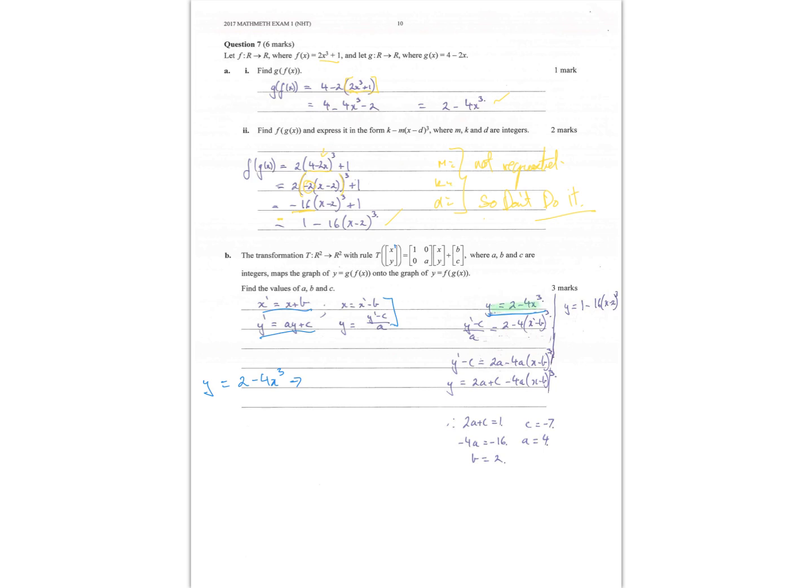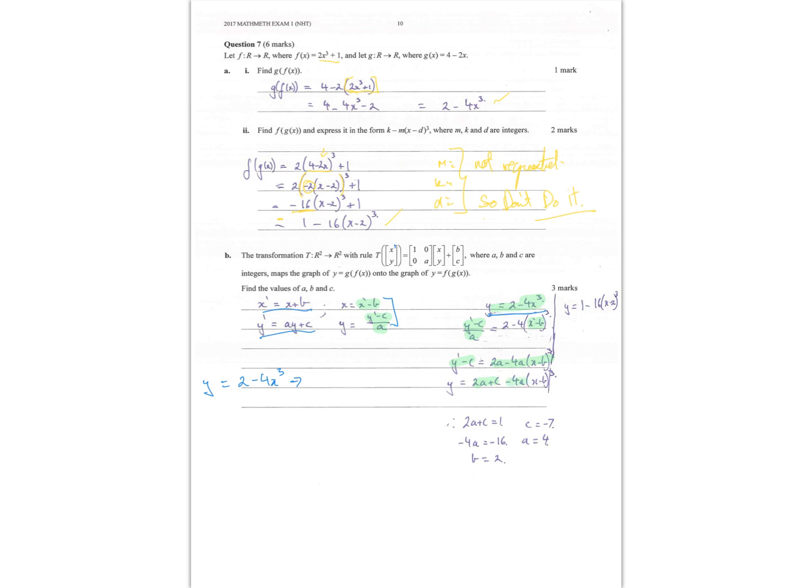So there's my y equals 2 minus 4x cubed, and I'm going to substitute that in for y, that in for x. So there's my x dash minus b for x, and there's my y dash minus c on a for y. Rearrange a little bit, multiply the a across, y dash minus c equals 2a minus 4a x minus b all cubed, and then add c, so I get y equals 2a plus c minus 4a x minus b all cubed.